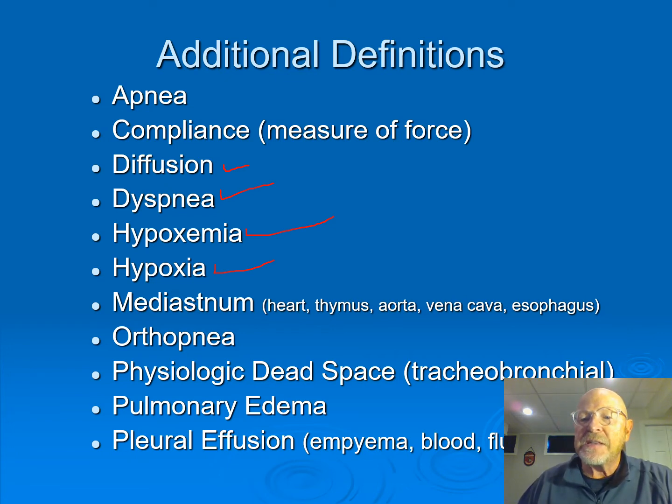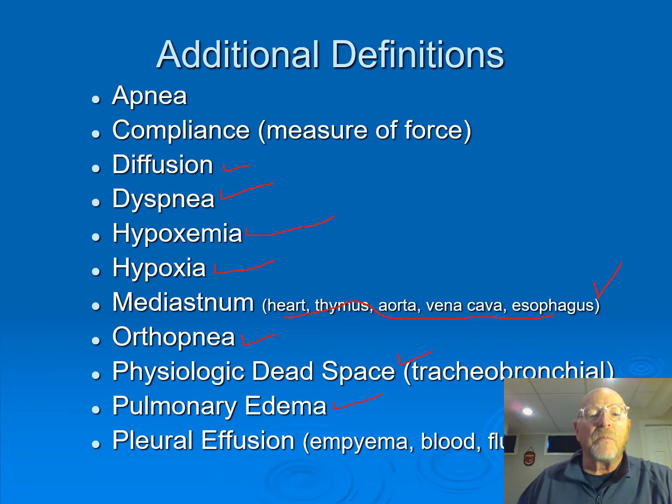The mediastinum is that area that is between the two lungs and contains these structures that you see listed here. Orthopnea is when you have difficulty breathing when the patient goes from perhaps a sitting position to a lying position. Physiologic dead space we covered in a previous slide.